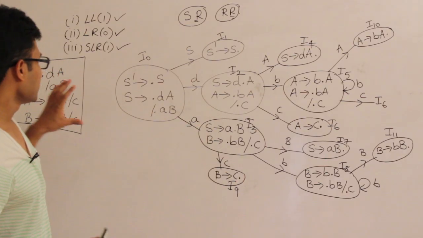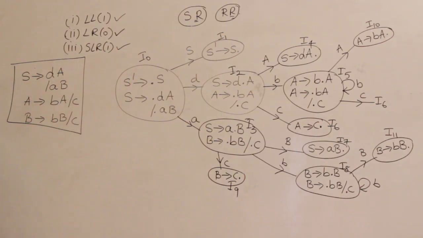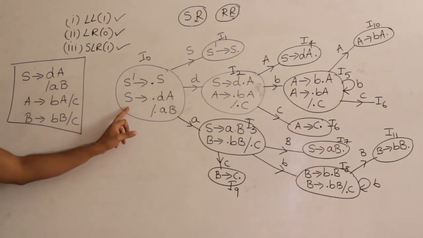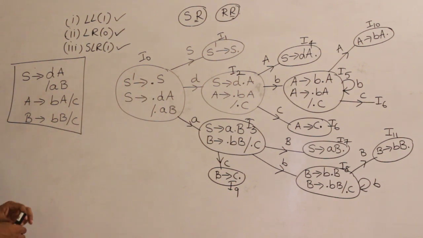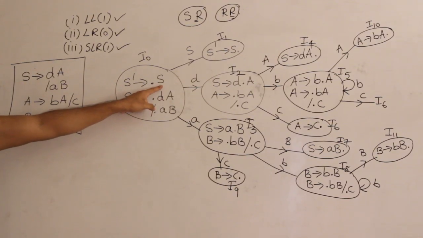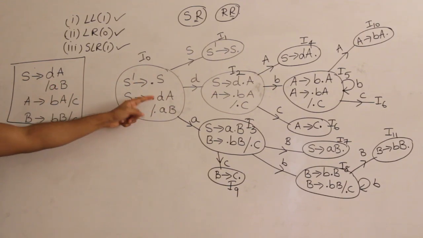For this grammar I constructed the canonical collection of LR0 items, as we discussed already. You start with S' derives .S and then keep on adding. One point worth noting in this example: if I apply closure to S' derives .S, I get only two productions, two LR0 items.